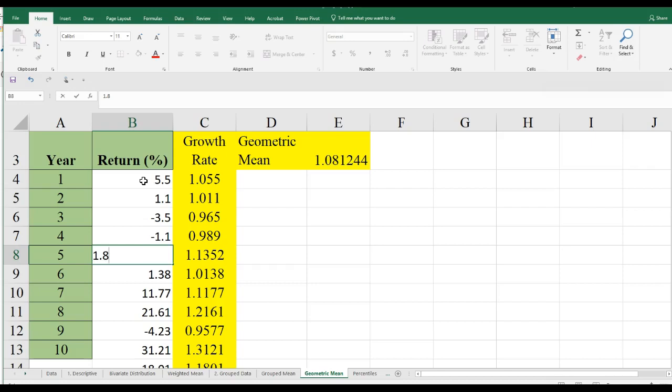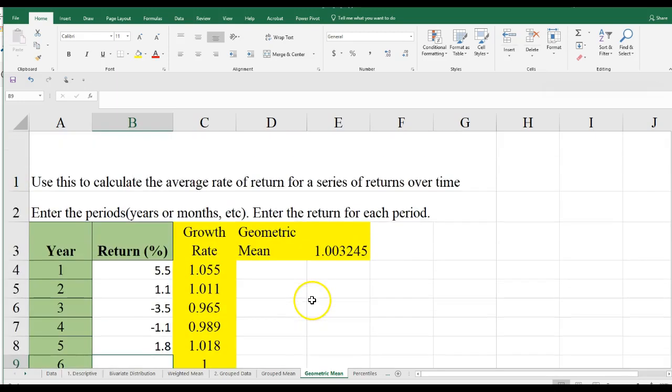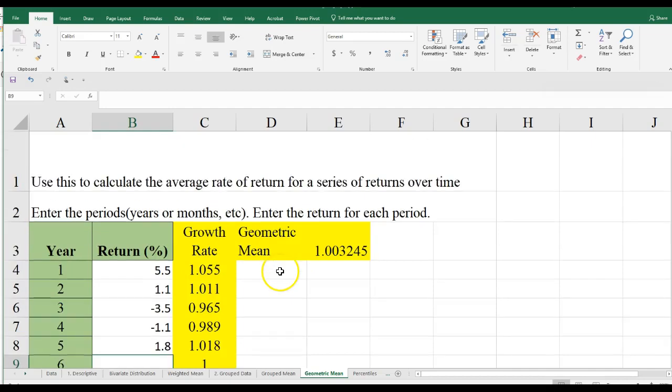I have to be careful with my data input, otherwise I will mess something up. I'm going to delete these extraneous values that don't apply. Double check my data. Okay, that's it.